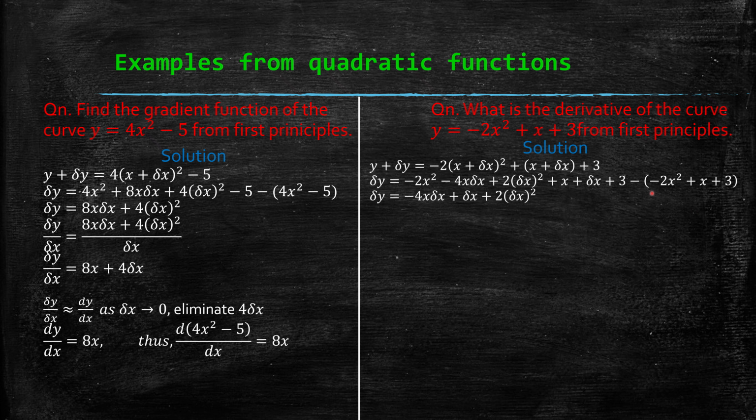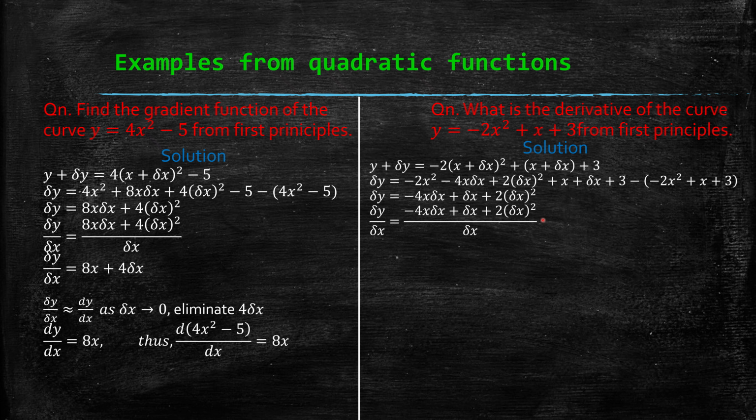Following those small integer rules and also algebra, we are going to end up having this becoming positive 2x squared, which cancels with this one, becoming negative x, which goes with this positive one, negative 3 going with this positive 3, such that our expression becomes small change in y being equal to negative 4x small change in x plus small change in x, then plus 2 small change in x squared.